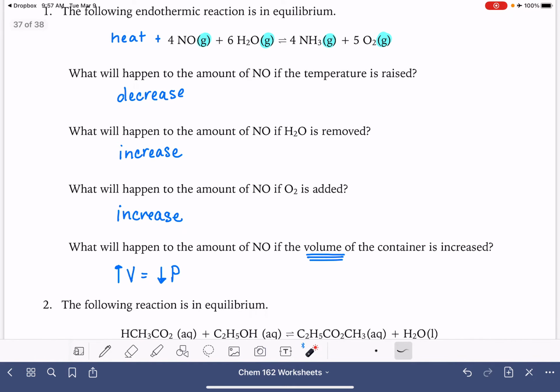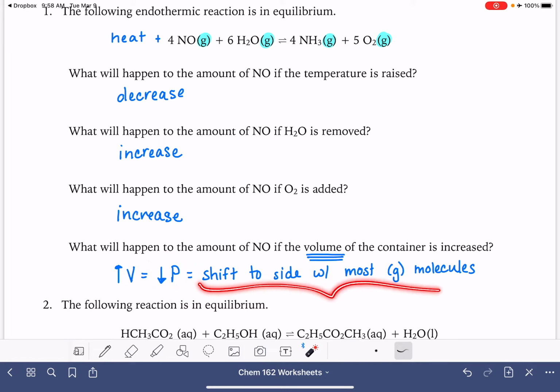If the pressure of our system decreases, this causes the position of equilibrium to shift to the side with the most gas molecules, because it's trying to put that pressure back. It's trying to restore the pressure. So it wants to shift over to the side that has a lot of gas molecules. It's going to be really crowded and it's going to increase the pressure.